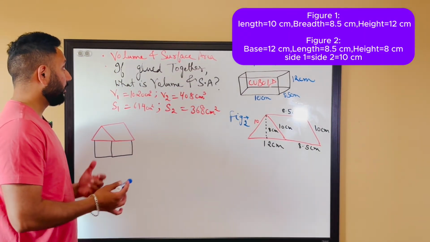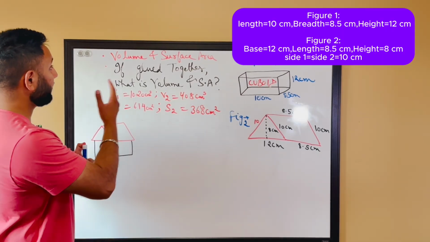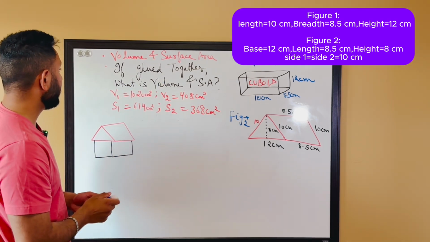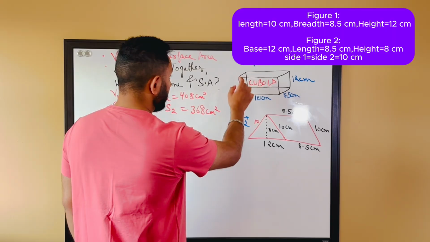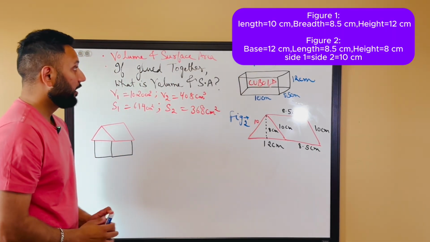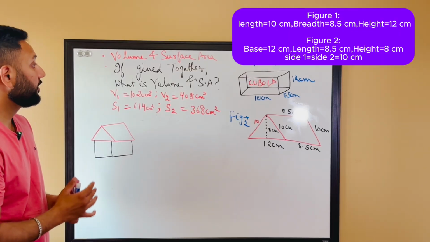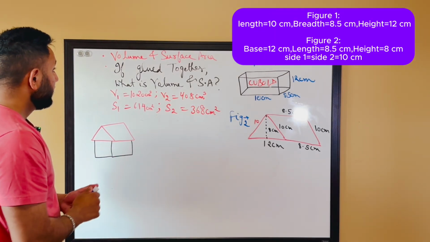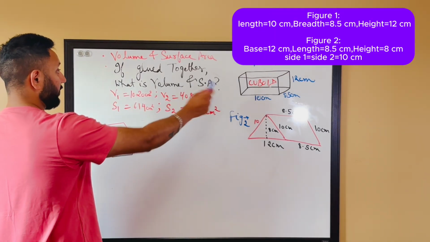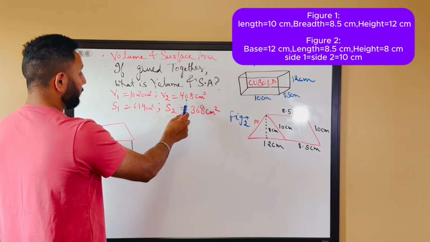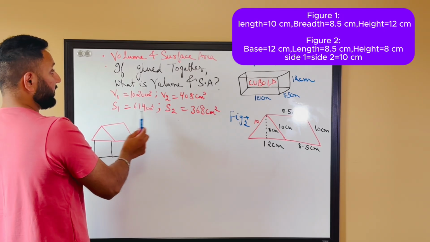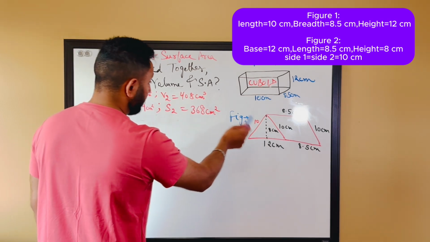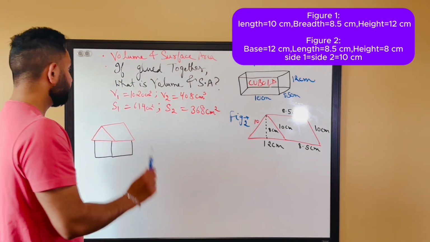Now we're gonna do the last part of the example. If glued together, what is the volume and surface area? So if we glued this figure and the second figure together, the cuboid and triangular prism together, we need to find out the volume and surface area. We got the volume of figure 1 as 1020, and figure 2 as 408, and the surface area of the first figure is 614 centimeters square, and of the second figure is 368 centimeters square.